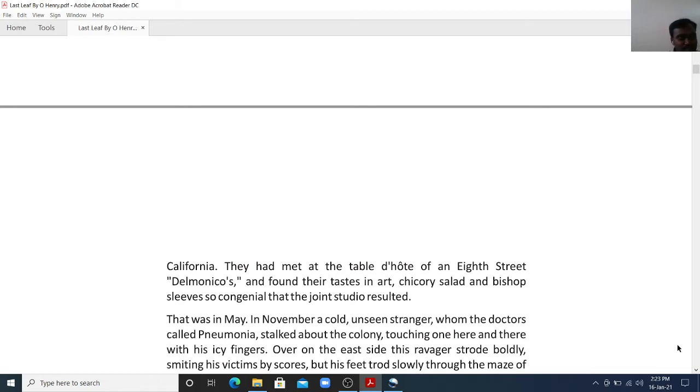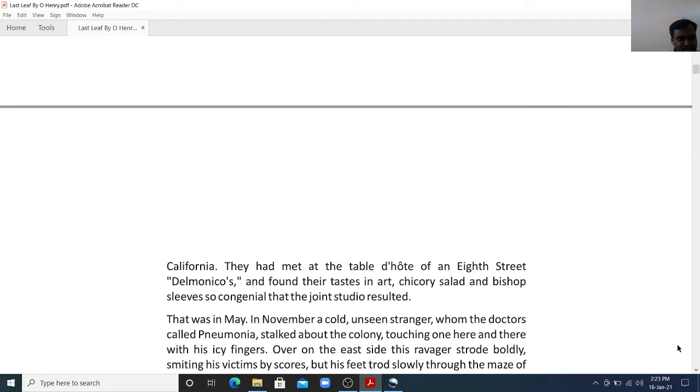This is how, touching one here and there with his icy fingers, on the east side, this ravager attacked the people over the east side of this street.